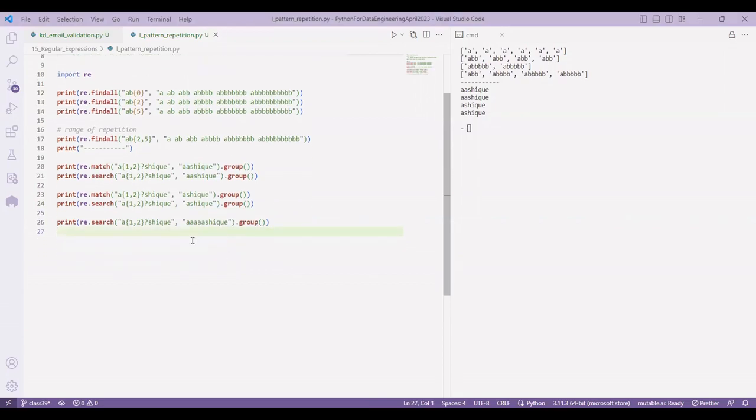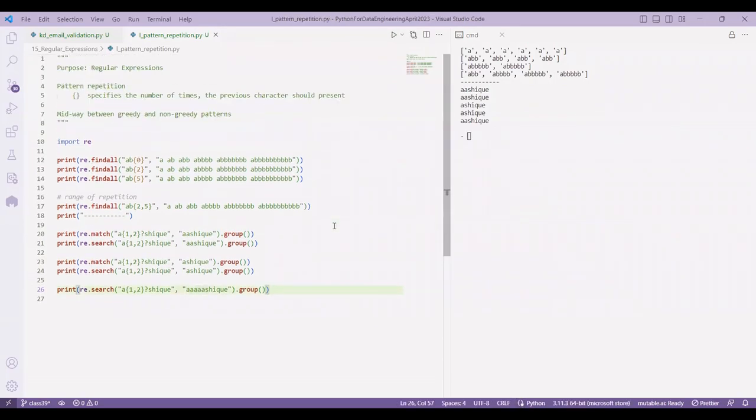Did you see now in this case? Match or search doesn't matter. I told minimum one, maximum two, but if I have more A's, then it will pick only whatever it needs. That's it. Don't you think it is a non-greedy pattern? So making it non-greedy, that's what I want to prove here.